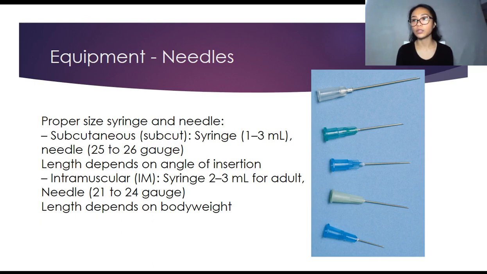Most commonly what we'll use in the labs and in clinical practice is a 23 gauge needle. And just as a recap, what you have on the screen is a 19 gauge, a 20 gauge, a 21 gauge, and a 23 gauge and 25. So 23 is what we would use for intramuscular injection.